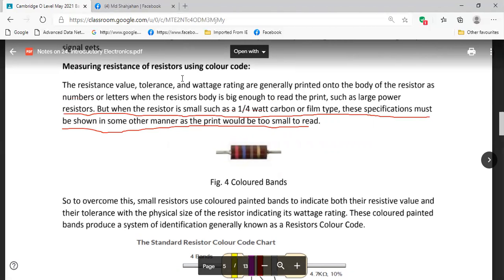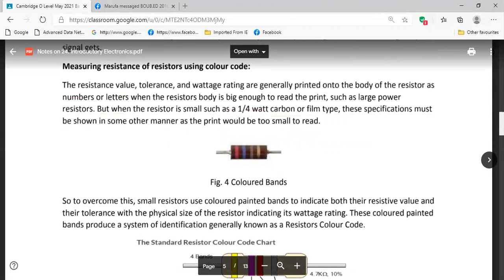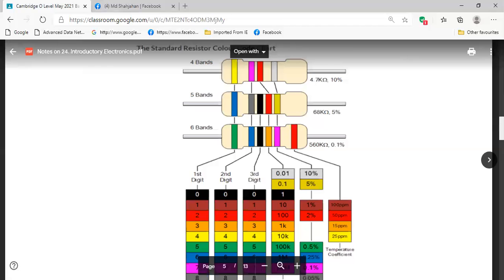Measuring resistance using color code. Measuring resistance of resistors using color code. Write this. You wrote?